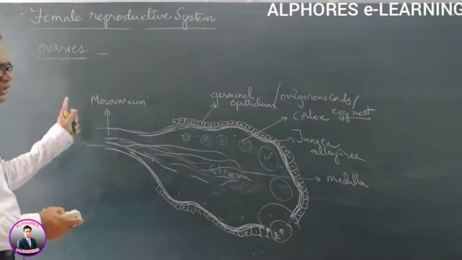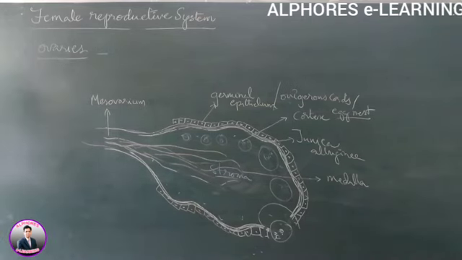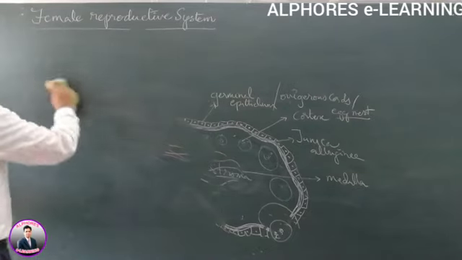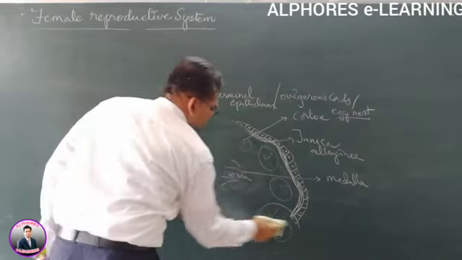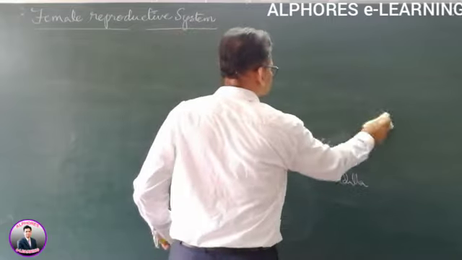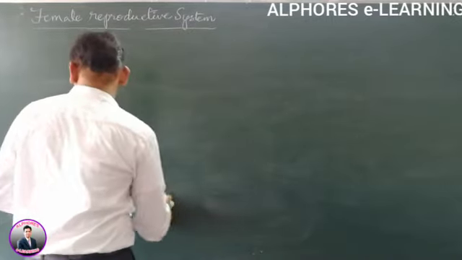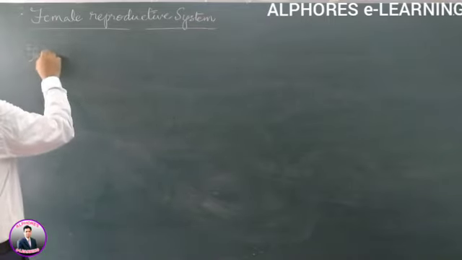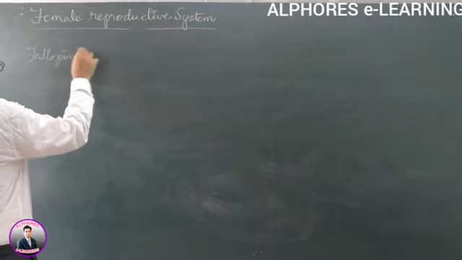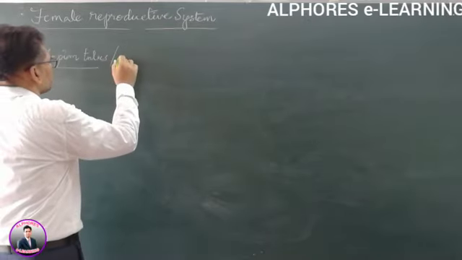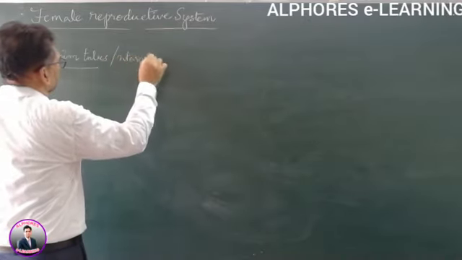Now next, uterus. This is uterus, that is fallopian tubes and then uterus. For this we have to draw another diagram to show the other structure. Now here is fallopian tubes, also called as uterine tube.